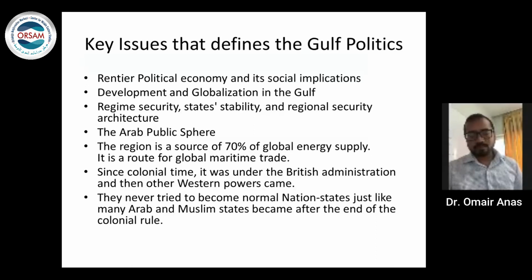What does it mean? It means that in the late 19th and 20th century, the region was under the control of British colonialism, and Aden, Baghdad and Mumbai were the main centers of controlling these regions because the British colonial administration offices were located in these areas. The British basically explored the region.